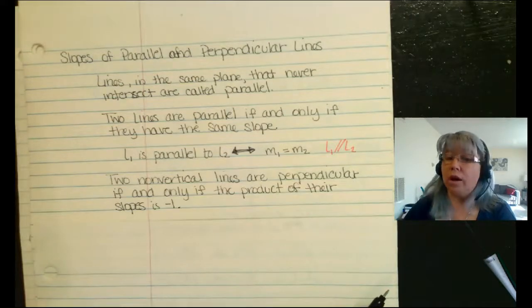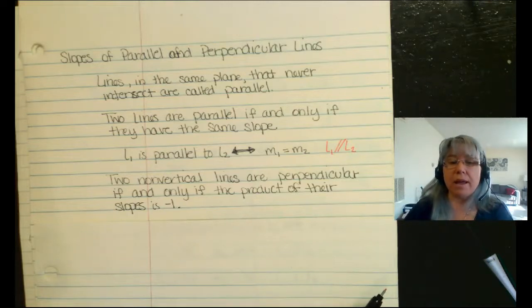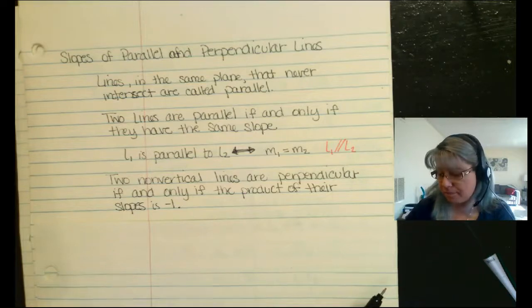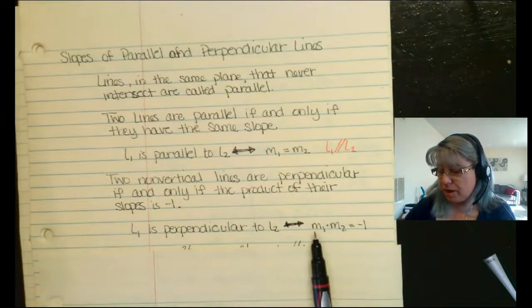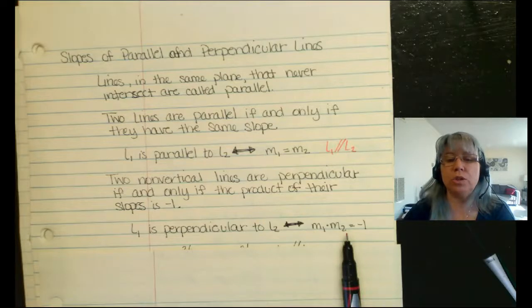Now, two non-vertical lines are perpendicular if and only if the product of their slopes is -1. Yes, I know, not so obvious. So line 1 is perpendicular to line 2 if and only if slope 1 times slope 2 equals -1.